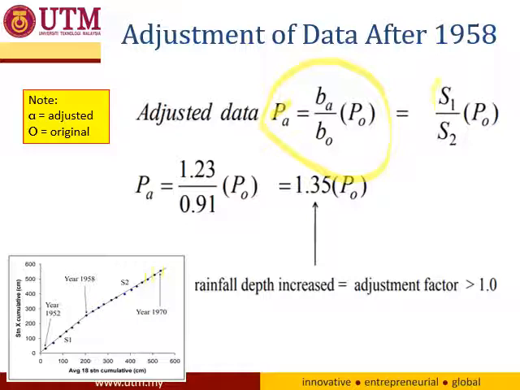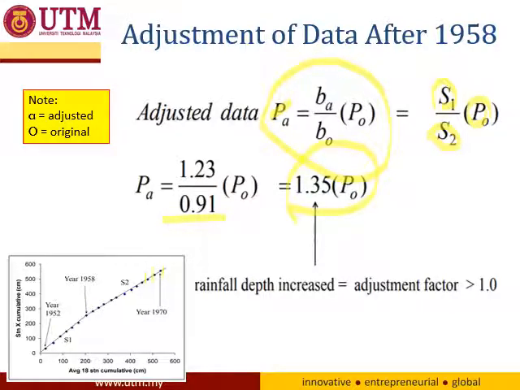we know that BA is S1 and BO is S2, so we just follow this formula. PO is the observed or original data. Then we use this formula and we get this relationship.